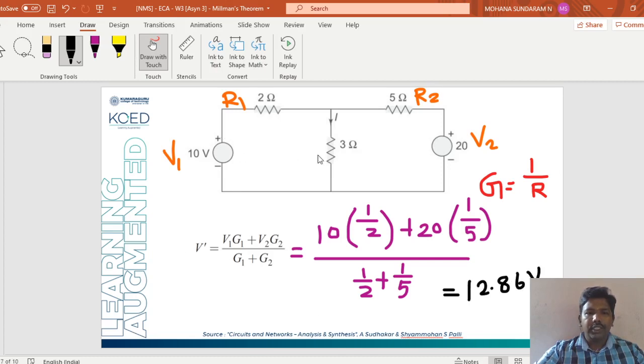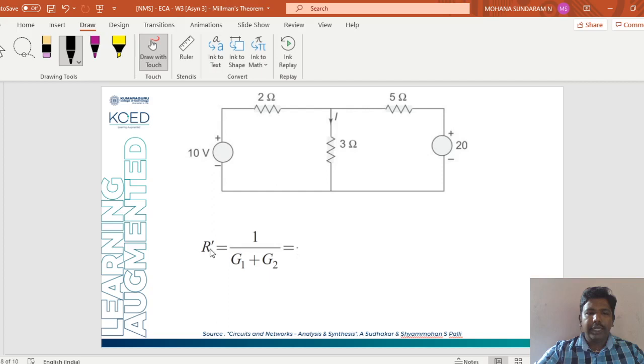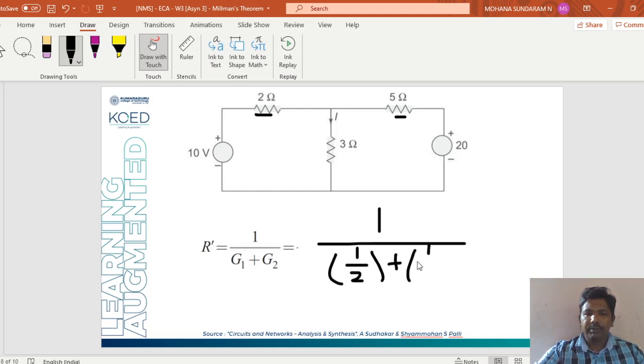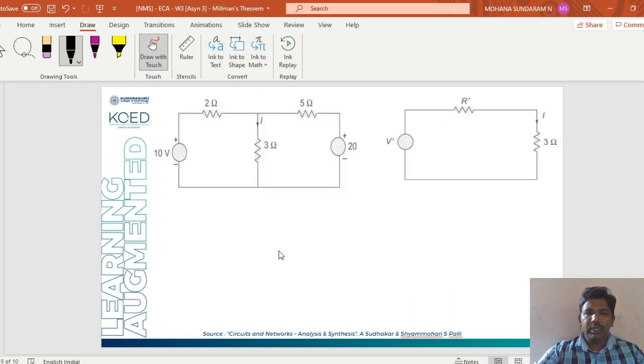Next, you have to find the equivalent resistance. It is a directly applicable formula, 1 divided by G1 plus G2, where G1 and G2 are the reciprocals of R1 and R2. So 1 divided by 1 by 2 plus 1 by 5. You will get the resistance as 1 divided by 0.7, which is 1.43 ohms. This is the equivalent resistance value. Now we have the simplified voltage and resistance, as in this picture.